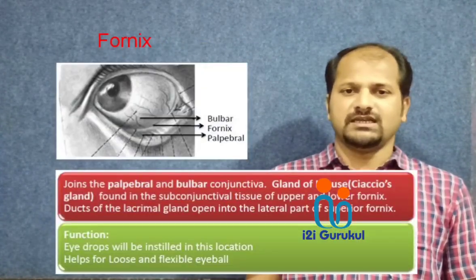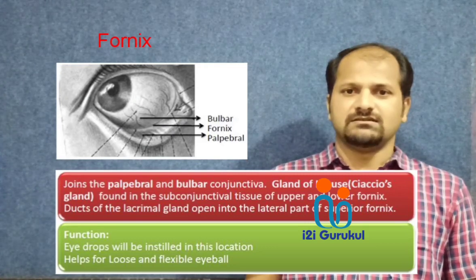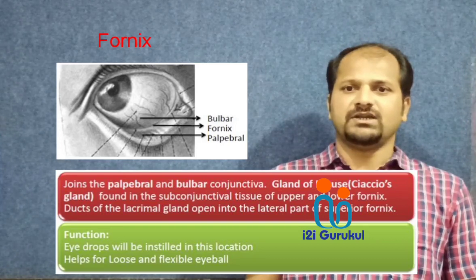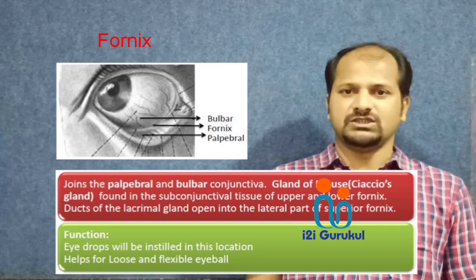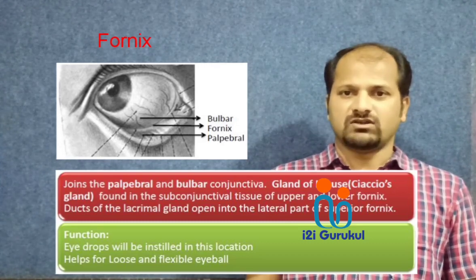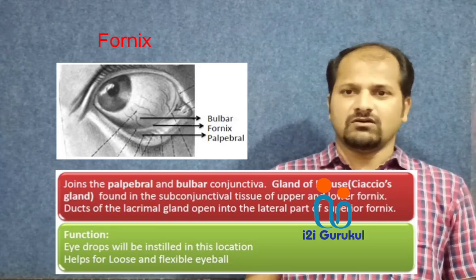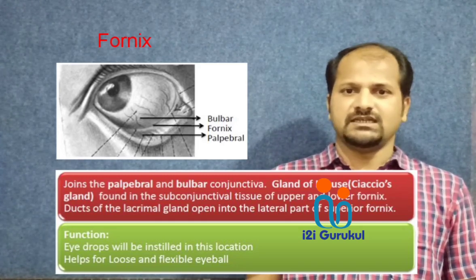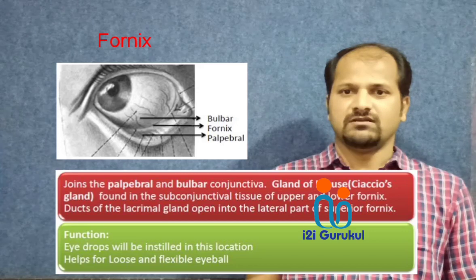Coming to the next point, that is fornix. The area where the palpebral and bulbar portions of the conjunctiva meet beneath the upper and lower lid is a loose pocket of conjunctival tissue called the fornix or cul-de-sac. A number of goblet cells present in this region help in mucin secretion.